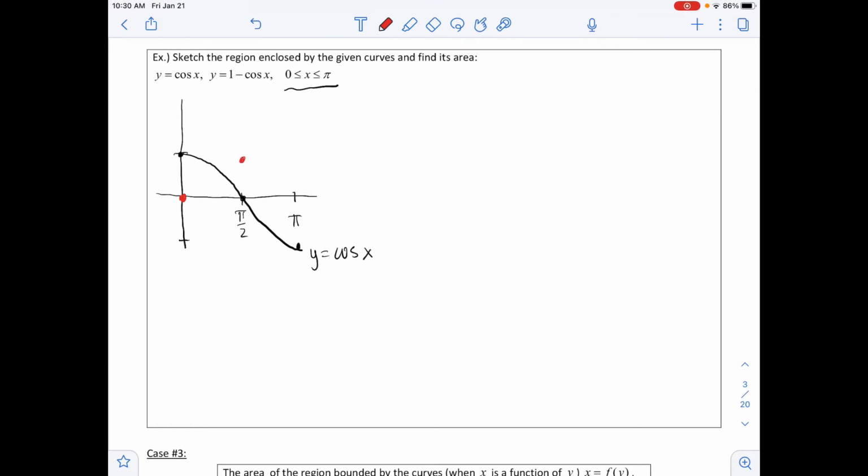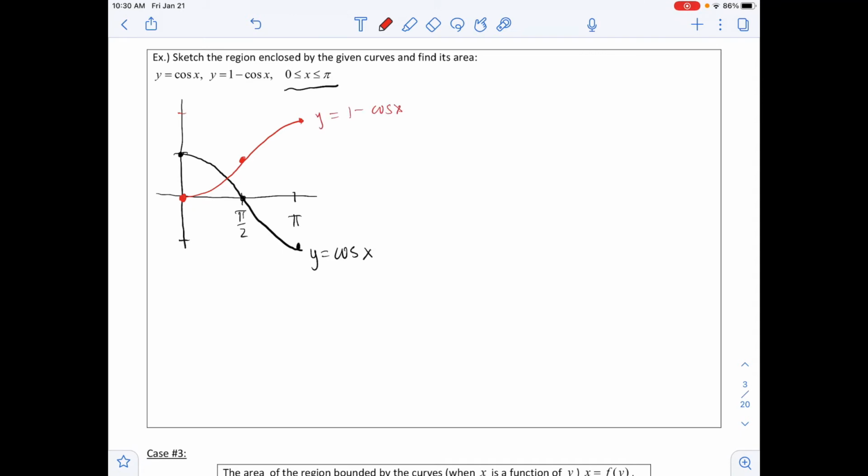And then dealing with cosine of pi, we get -1. So 1 minus -1 would actually give us 2. So going ahead and sketching this curve on also, this is going to be y equals 1 minus cosine of x.